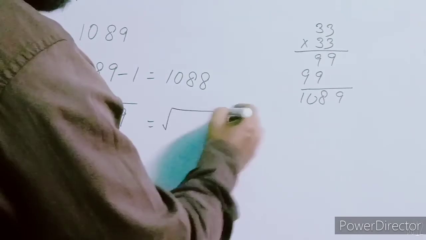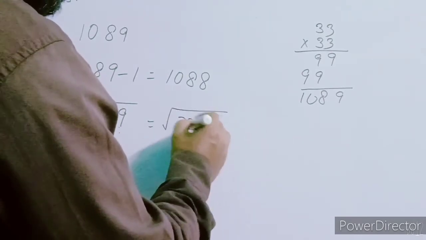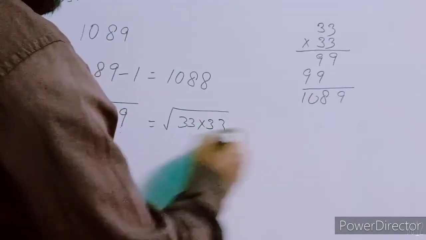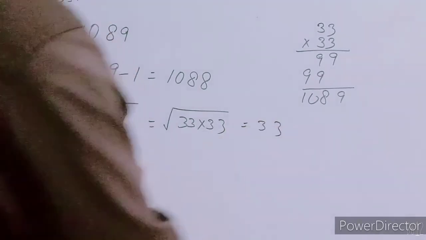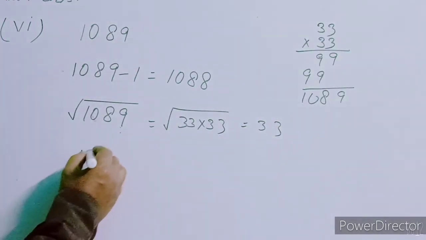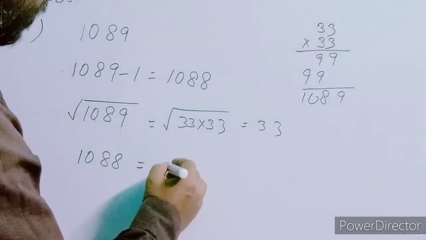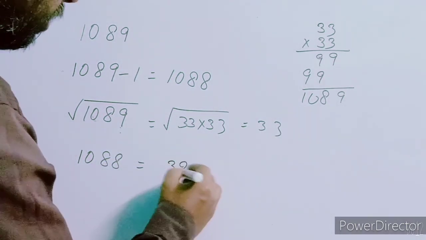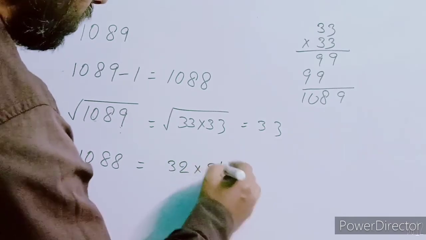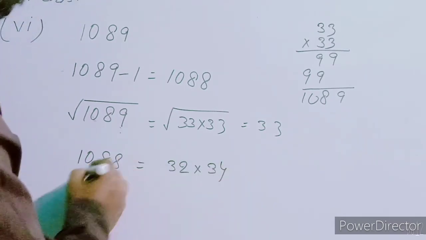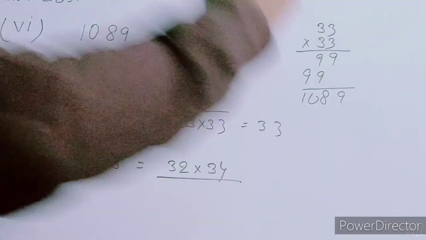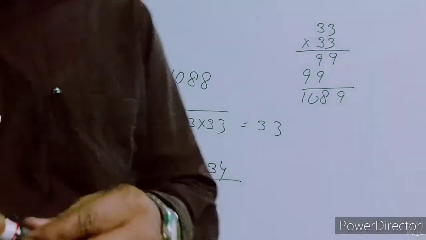So we will write it as 33 into 33 equal to 33. Now write the resultant number, 1088 equal to the predecessor of 33 and the successor of 33. Multiply these two, you will get this number. These two became the answer of the question.